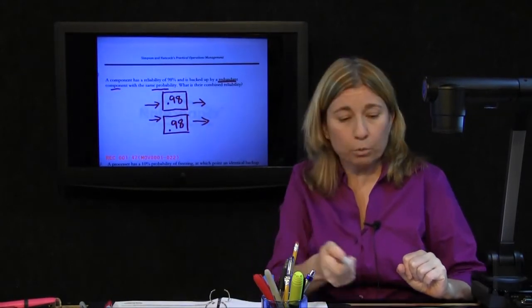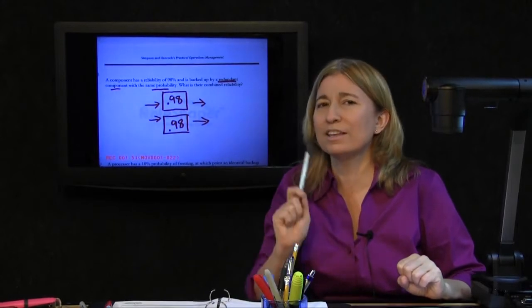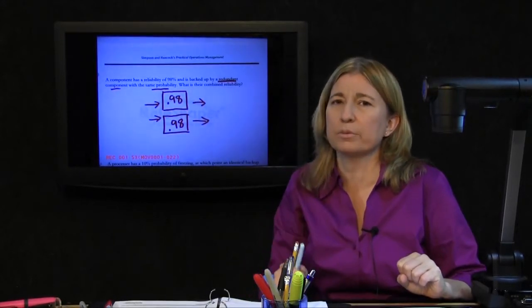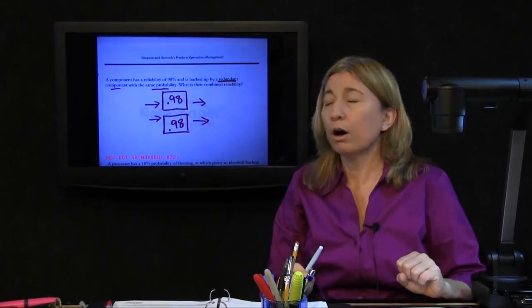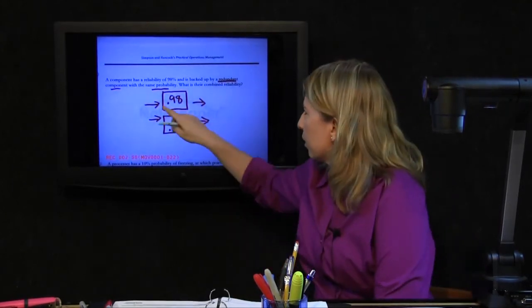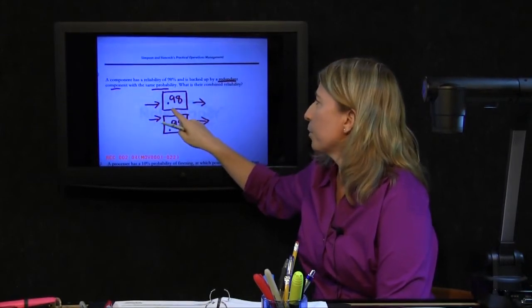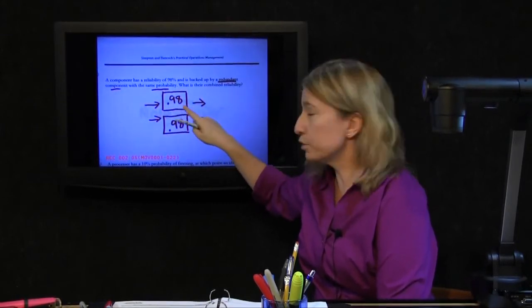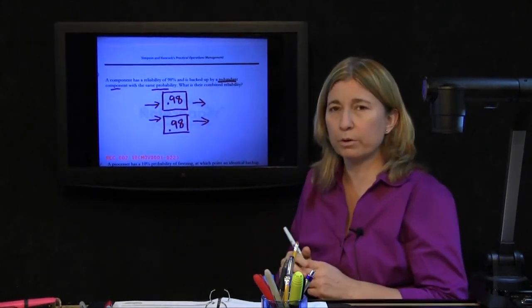What we want is their overall combined reliability, and the easiest way to find that is to first calculate the opposite. What is the probability that they could both fail? Now, if the probability that they will work is 0.98, that means the probability that any individual one of these two would fail is 0.02, or 1 minus 0.98.